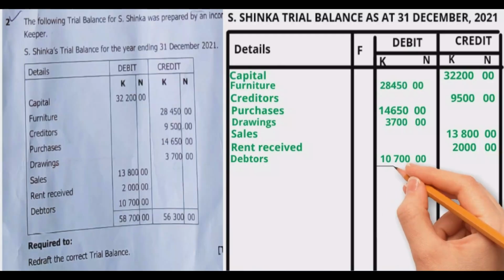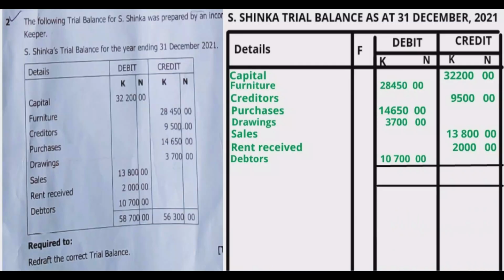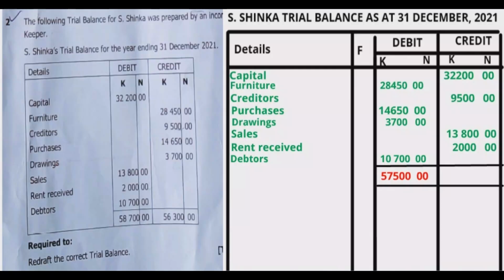Then let's find the totals. So let's add these which we have come up with. So we are saying 28,000 plus 28,450 plus 14,615 plus 3,700 plus 10,700 will give us 57,500 kwacha.